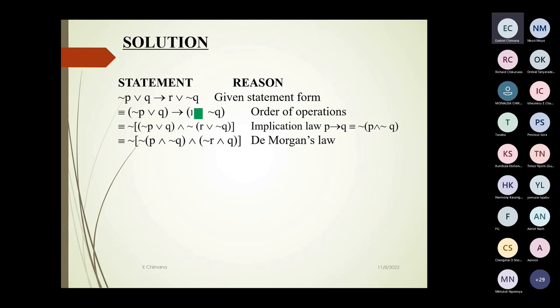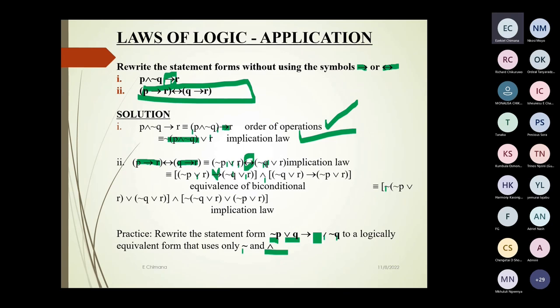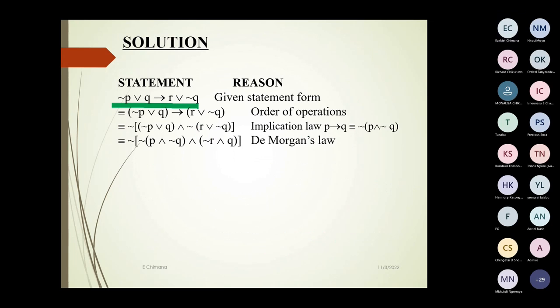You are given this statement and you are being asked to remove this and use only an and and a negation. So we need to remove this or, this or, and this implication. So in the order of operations, first we need to resolve those with a negation.